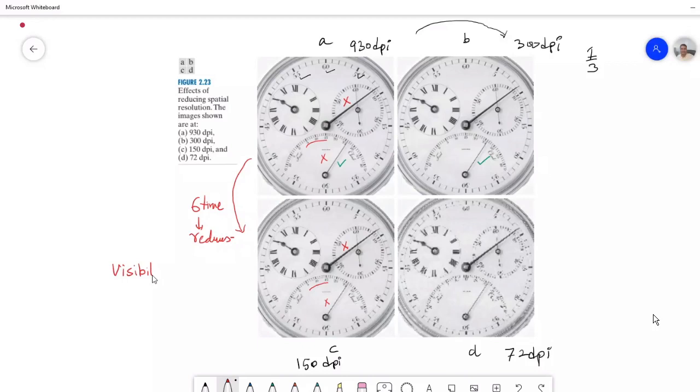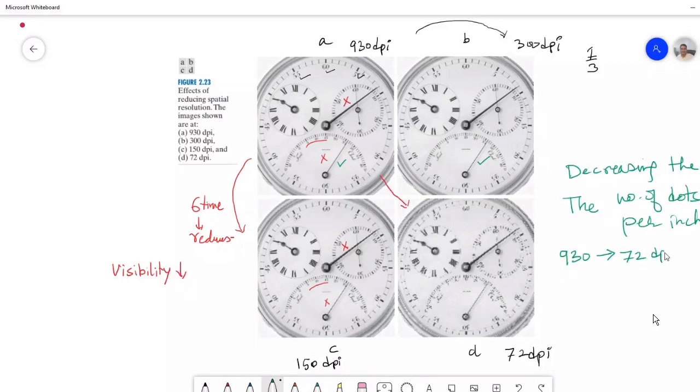Decreasing the number of dots पर इंच. सो यहाँ पर आपने देखा है कि हमने फॉर दिस केस 930 से आपने रिड्यूस किया ओनली 72 dpi.